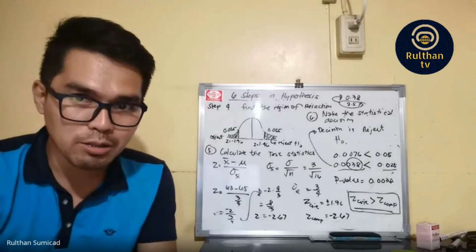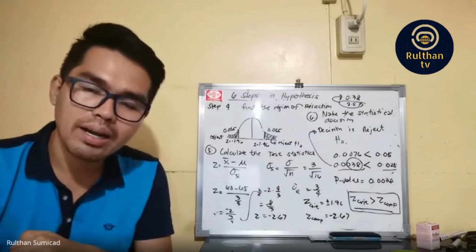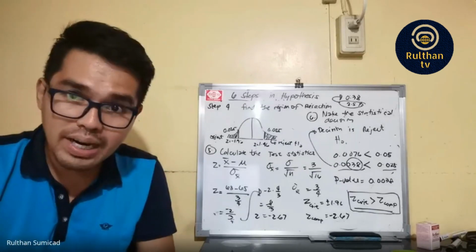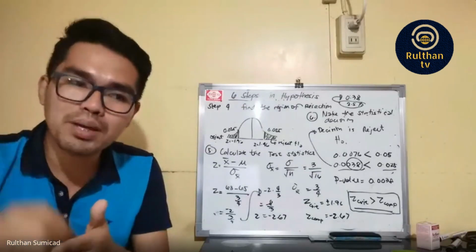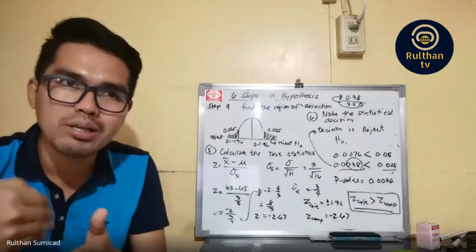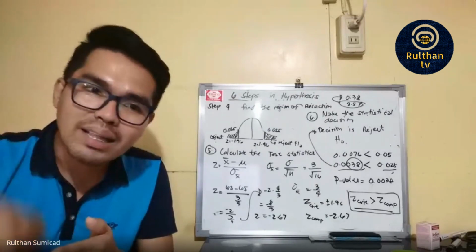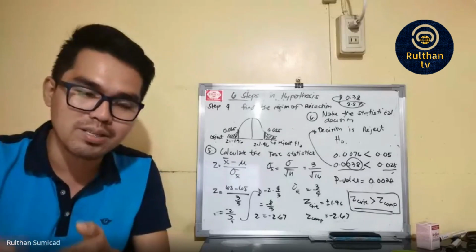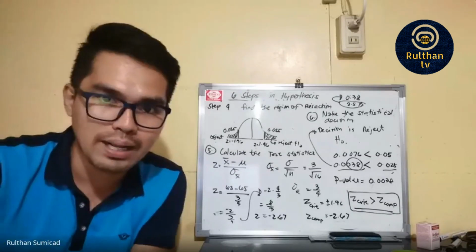Take note, your alternative hypothesis is your claim. You wish to prove that one by coming up with a null hypothesis with the intention to disprove it, so that your claim, the alternative hypothesis, is significant.